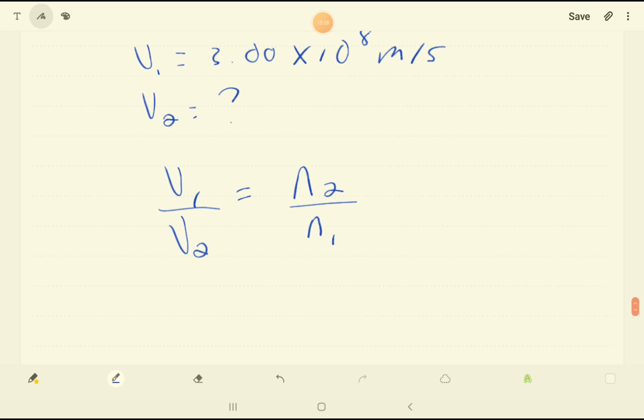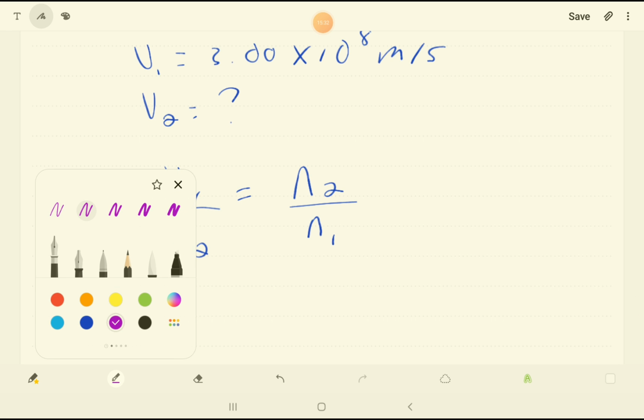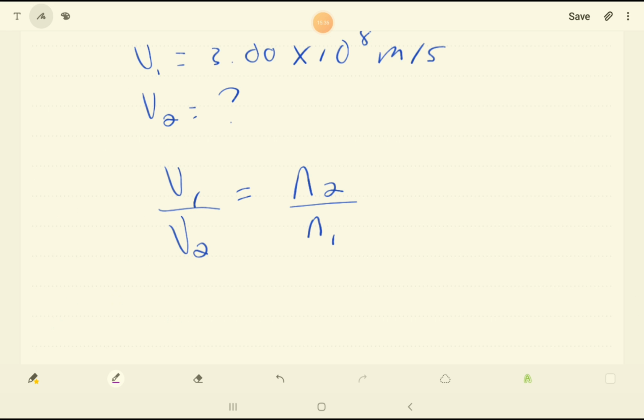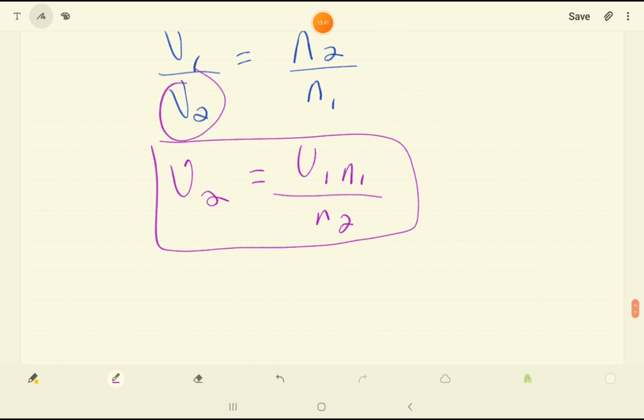And of course, cross multiplying and then flipping, we can isolate for our speed of light in water. And so this becomes our working equation that we use to solve for this. And once we have all these values, we can just plug it in as follows.